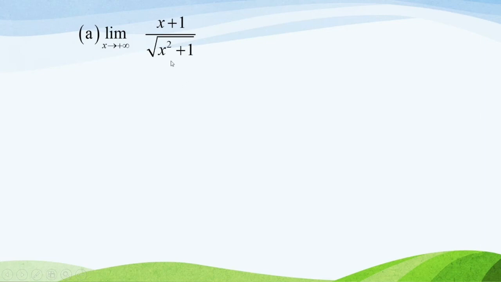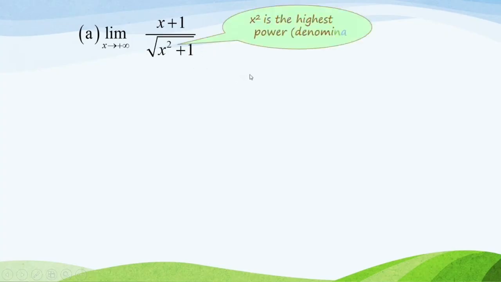We can see that the denominator has a cube root function, and x squared is the highest power of the denominator, so we need to divide it with the cube root function also.